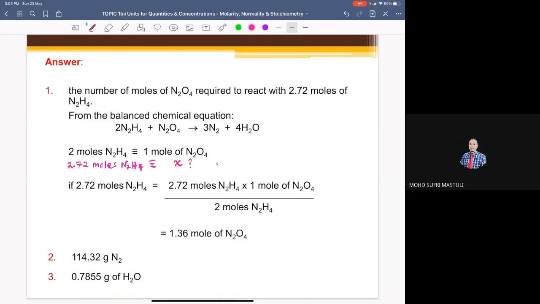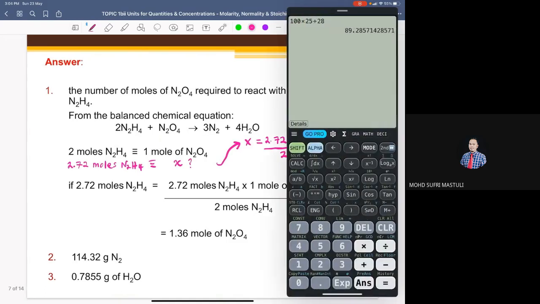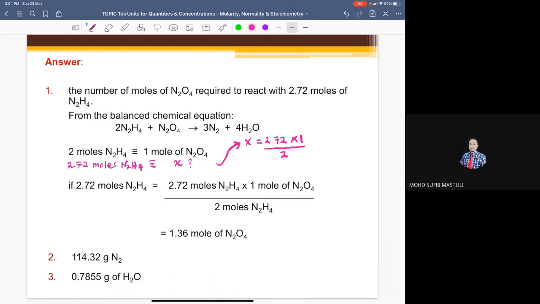So X should be 2.72 times 1 divided by 2. 2.72 times 1 divided by 2 is 1.36 mole. Okay, so this is similar to the answer given.